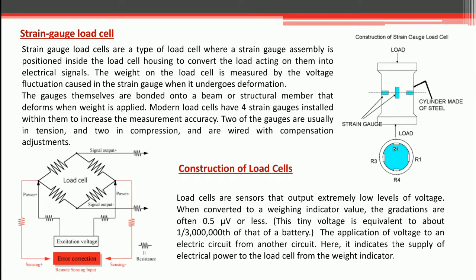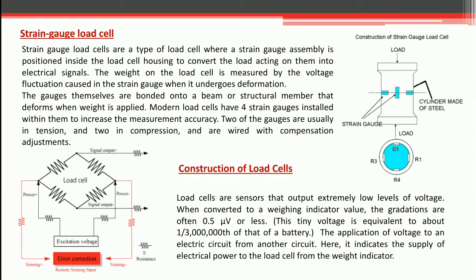Now this simple strain gauge load cell consists of a steel cylinder on which 4 identical strain gauges are mounted. Two gauges are along the direction of the applied force, and the other 2 gauges are attached circumferentially to the previous gauges.